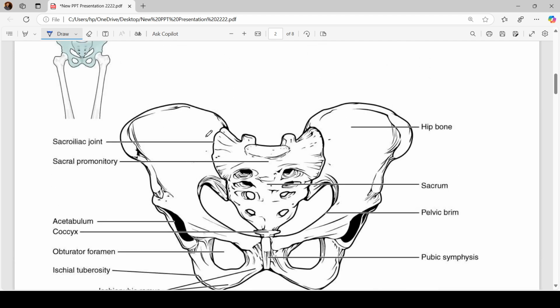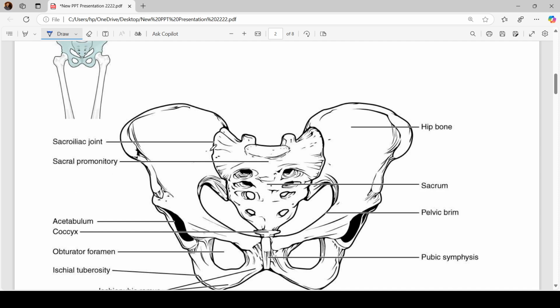And now some parts in this picture. There are two nominated bones and one bone: the two are the ilium and ischium, and one bone is the pubis. They connect together and form a joint.